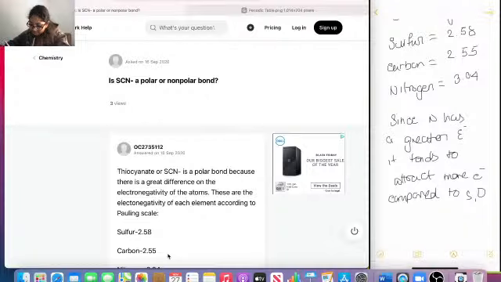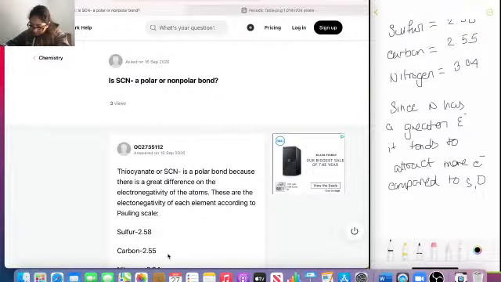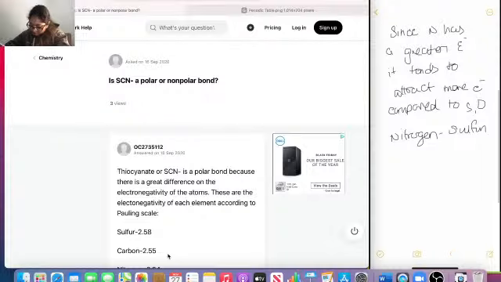Okay, so if you want to calculate the difference, let's say between nitrogen and sulfur, you will have a difference, so let's say 3.04 minus 2.58.